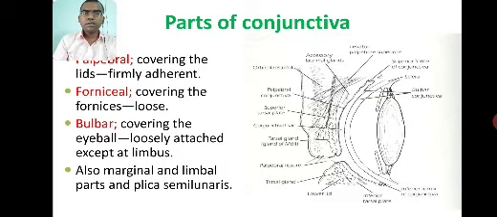The conjunctiva present at the tarsal plate is called the tarsal conjunctiva, and the conjunctiva present at the orbital region is called the orbital conjunctiva. The bulbar conjunctiva can be classified into two parts: the main bulbar conjunctiva and the limbal conjunctiva.